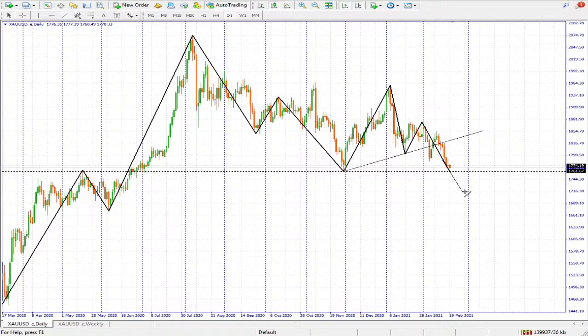We want to see price pull back nicely up to the same trend line, so that we can pick a sell position, expecting that sell to take us at least up to 1669.87. Does that make sense? So if you're on this chart now, simply expect price to take us up to the level which I've just mentioned.